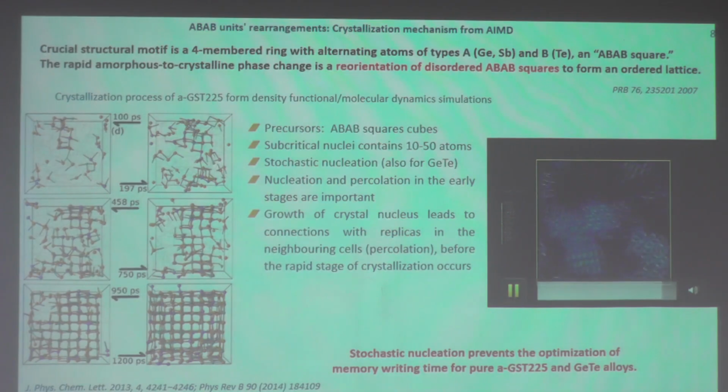This knowledge is very important, because if you want to optimize the write time, maybe you can introduce some doping to stabilize this nucleus and to induce nucleation at particular sites. We will see in the next lectures how to prevent this stochastic nucleation and how to optimize the write times.